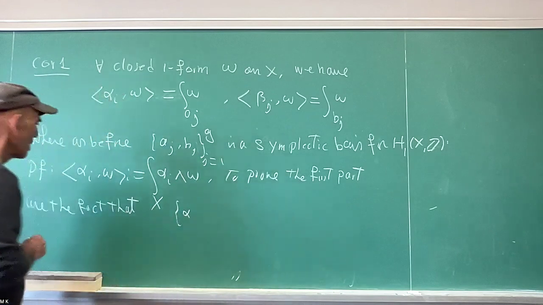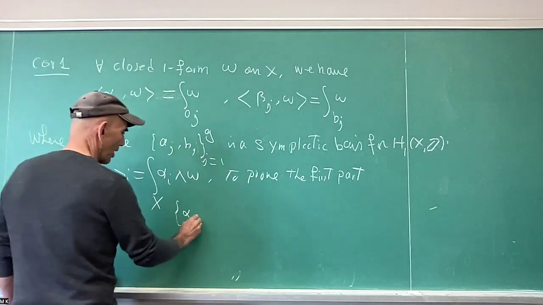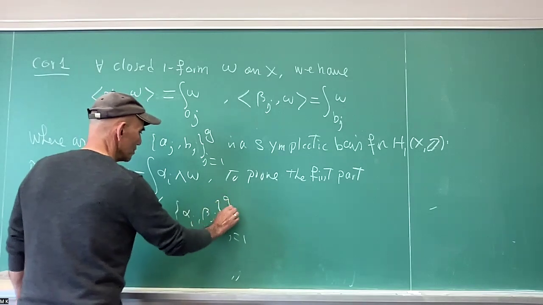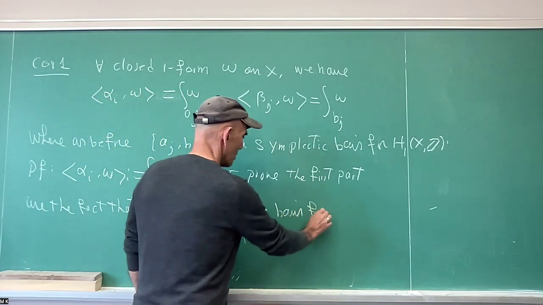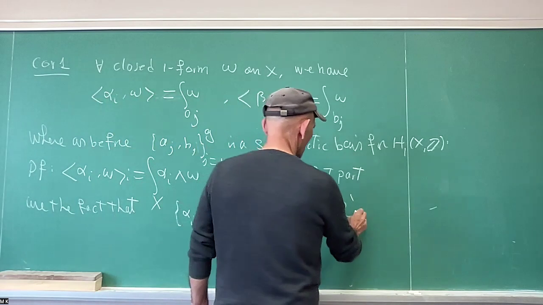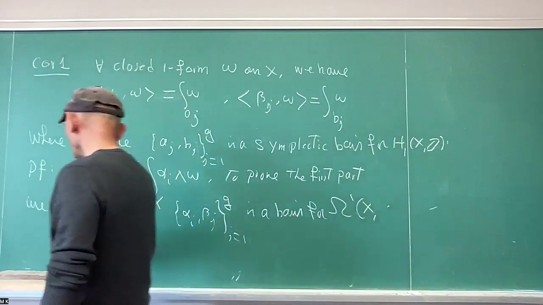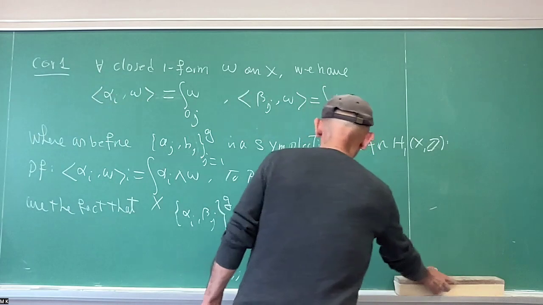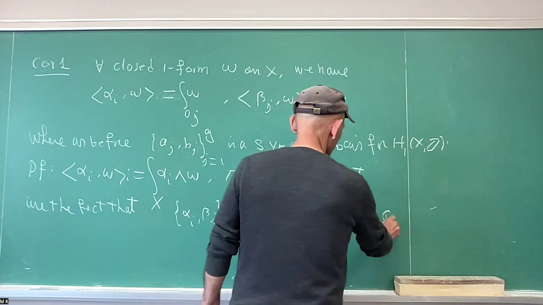I forgot about up and down indices completely, but we don't care that much about up and down indices here anyhow. So we have alpha_i and beta_j, from 1 to g, is a basis for H^1 de Rham of X, C.